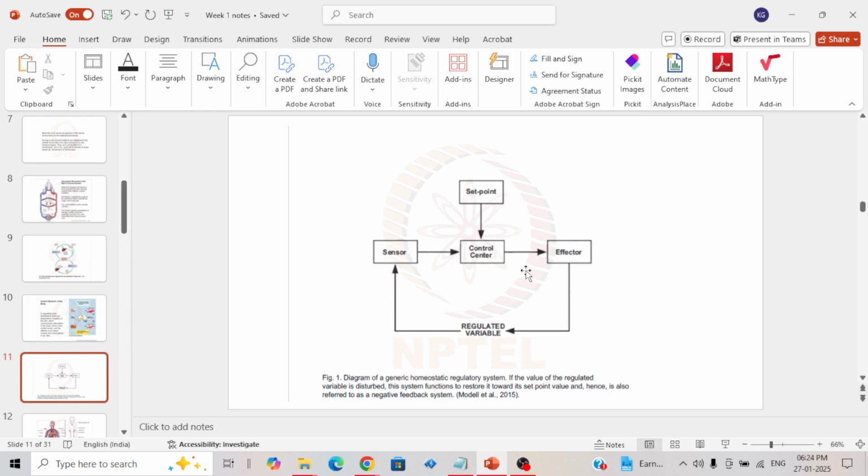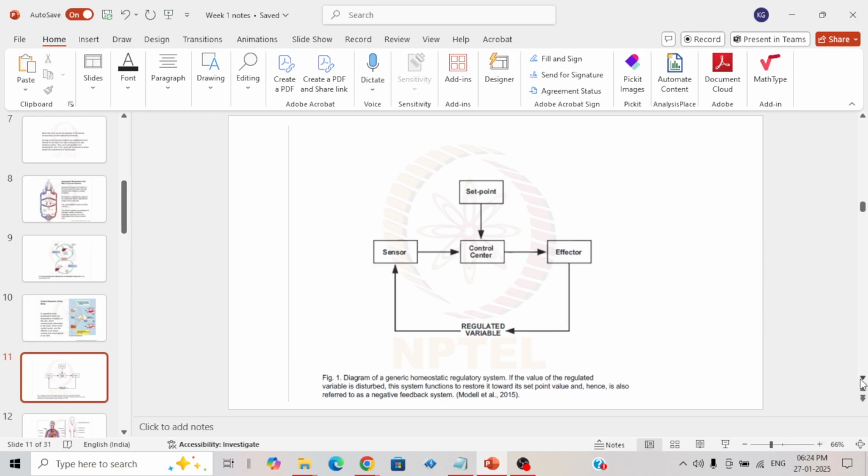They'll send the signals in different directions depending upon what is the requirement in that situation. And when this sensory signal reaches the control center, it will send motor signals to effector organs or effector parts that the set point is being disturbed. There is some situation in which the things are not in harmony, the things are not maintained the way they should be maintained, and again the necessary actions are taken inside the body by different organs or different mechanisms involved.